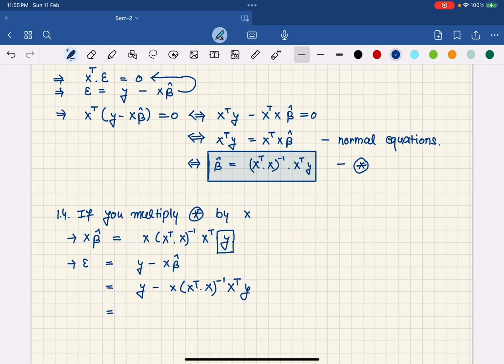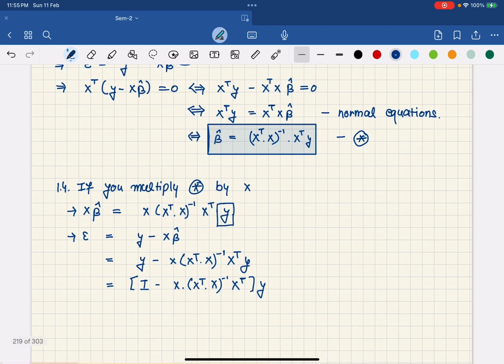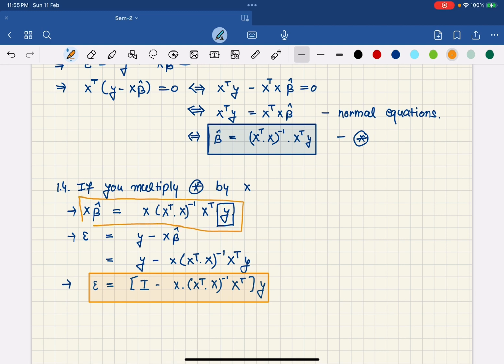Right. So if we take y common from this equation, you will get identity matrix less this matrix. Now you can see that we have defined our epsilon vector in terms of y, and we have defined our x beta hat vector in terms of y.